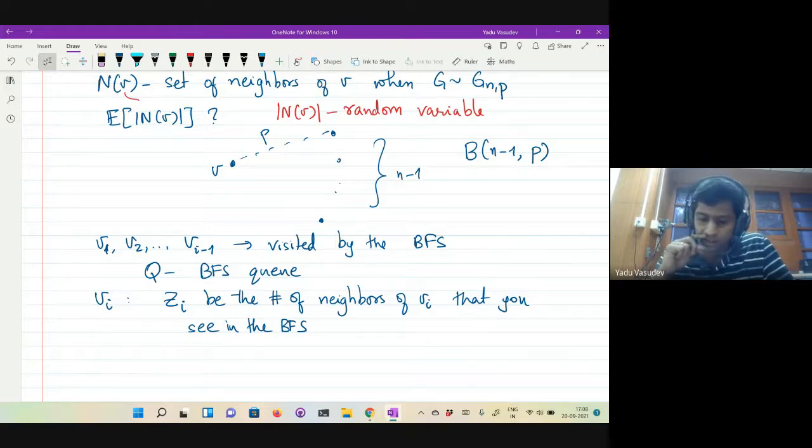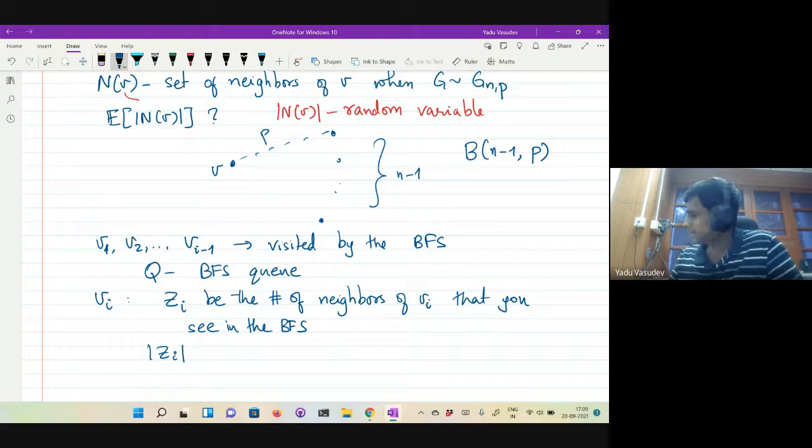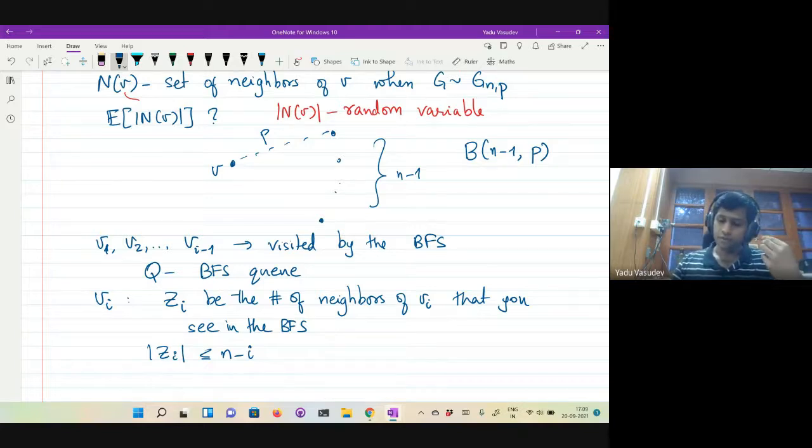What is an upper bound that you can give for the cardinality of Zi? This is definitely at most n minus i. This is all that you can say, because it is possible that V1, V2 form a path, then you will see Vi, and there are remaining n minus i vertices to be visited.